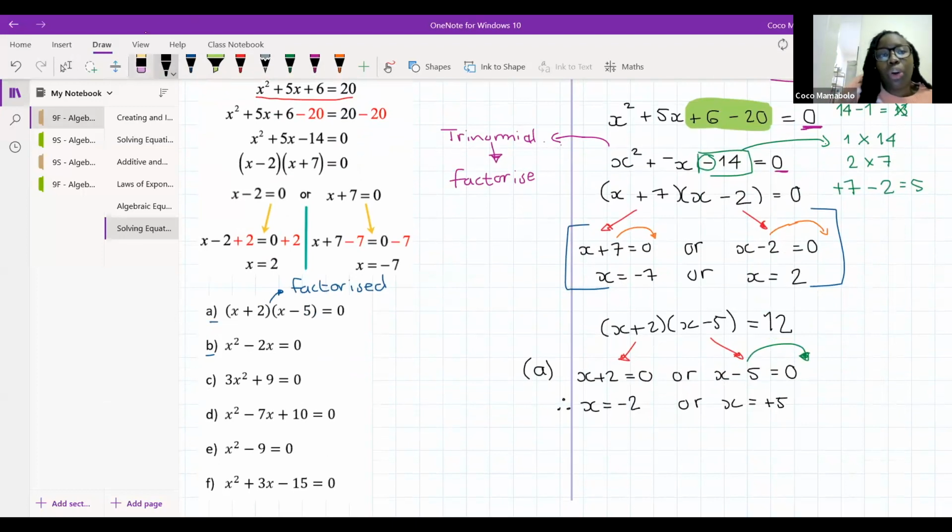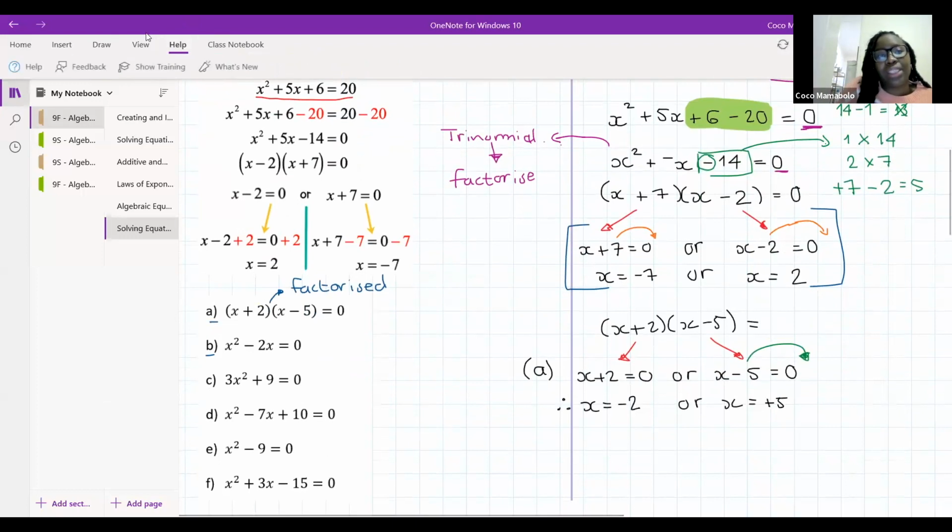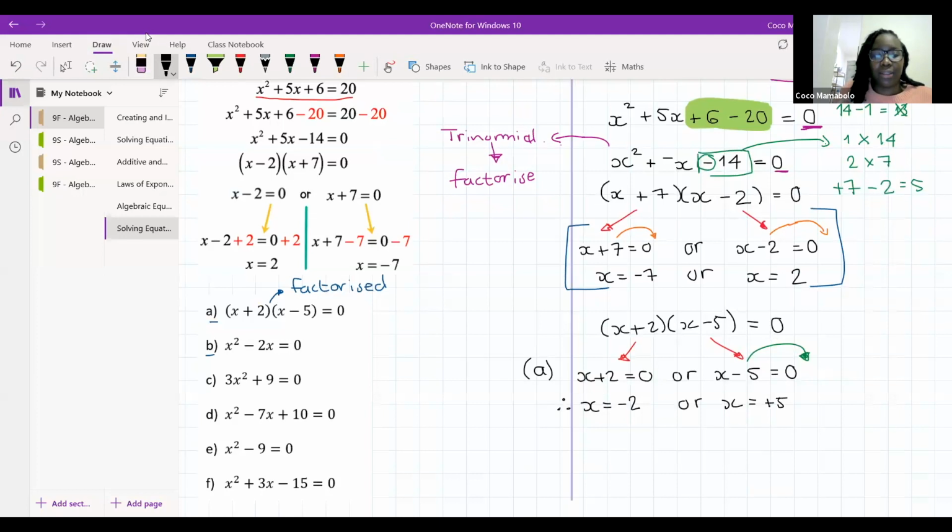But because it's already 0 for us, we don't have to multiply out. We need to factorize. Yes, ma'am. As soon as we have a 0 here, then we start factorizing. That is the rule that we need to learn. Excellent.